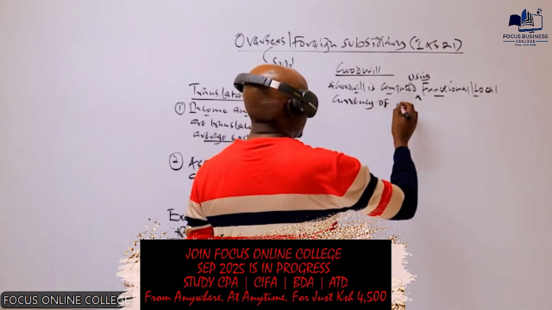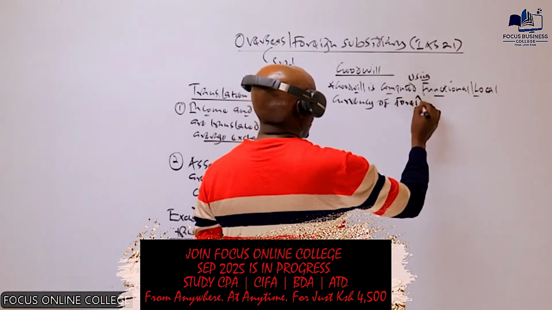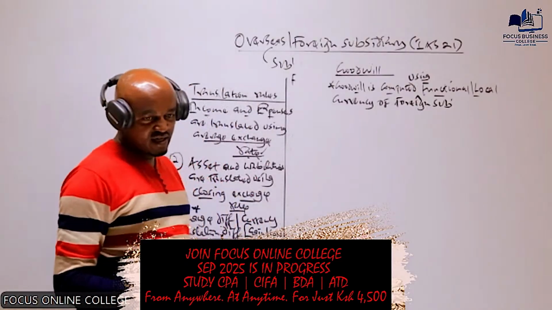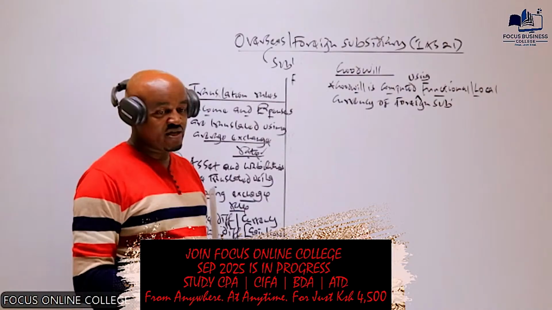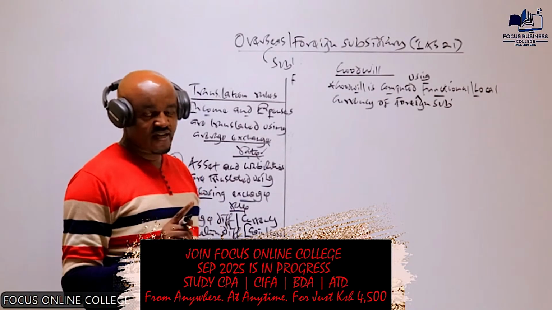of the foreign subsidiary. So if the foreign subsidiary is operating in Rwanda, when computing the goodwill, you first compute the goodwill in Rwandan franc, not in Kenyan shillings.